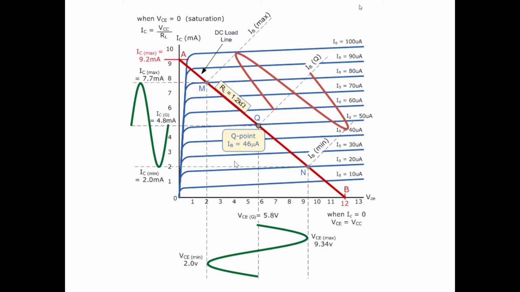That tells me that when I apply currents of 10 microamp, the manufacturer will give me the blue characteristic. It will tell me that at 10 microamp, let's draw a line here, I will get about 1 milliamp of IC current. 20 microamp, I'll get about 2 milliamp of collector current. 30 microamp, I will get about 3, and so on.